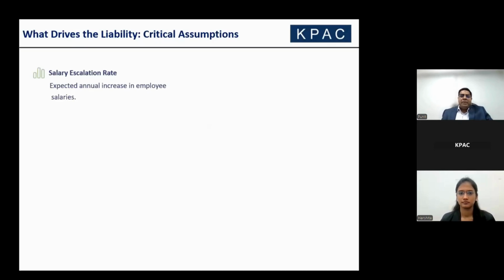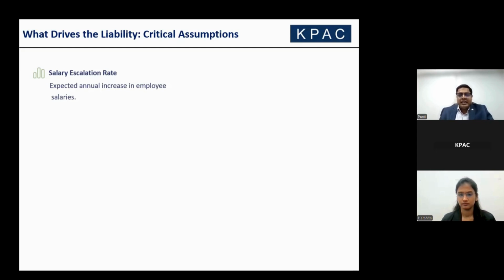Now, beyond leave utilization, there are several other critical assumptions which are made to project the future cash flows for leave benefits. These are actuarial assumptions based on financial and demographic factors. So, the first one is salary escalation rate.